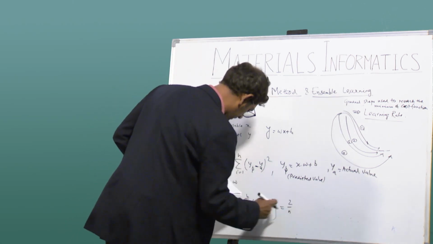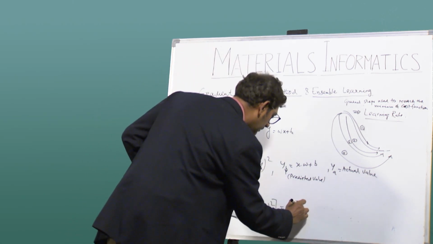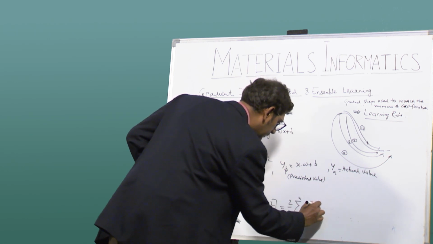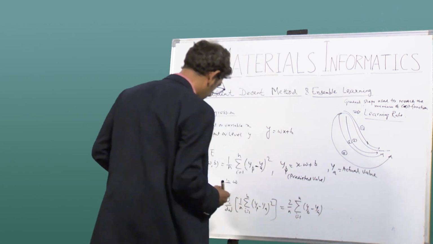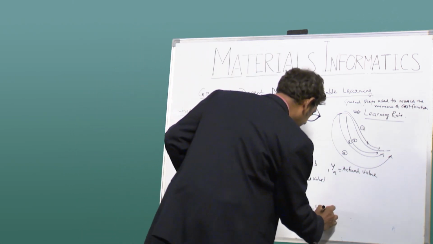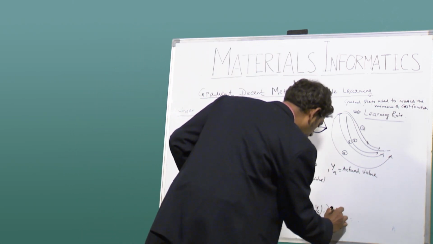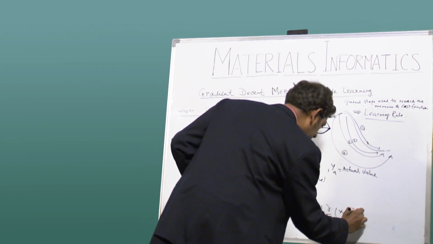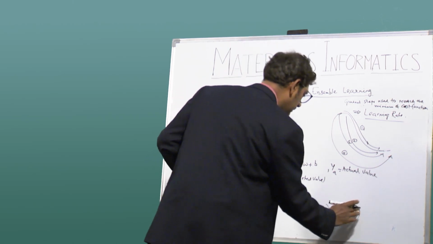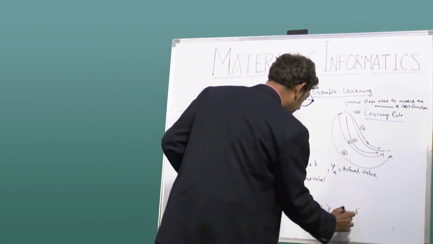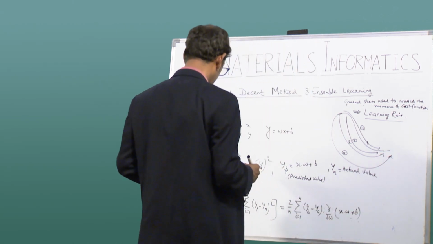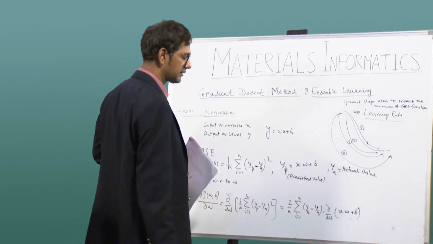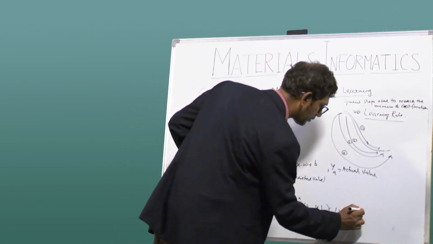So, this will be 2 by n multiplied by the summation over i from 1 to n of yp minus ya, into del by del w of x w plus b. That is what will be there. Am I clear?